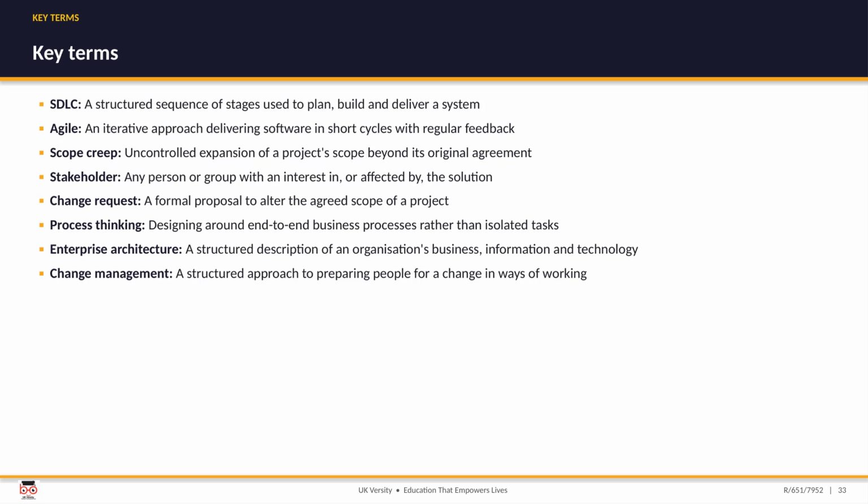A stakeholder is anyone with an interest in or affected by the solution. Process thinking means designing around end-to-end business processes rather than isolated tasks. Enterprise architecture is the structured description of an organization's business, information, and technology, and change management is the structured way we prepare people for new ways of working.